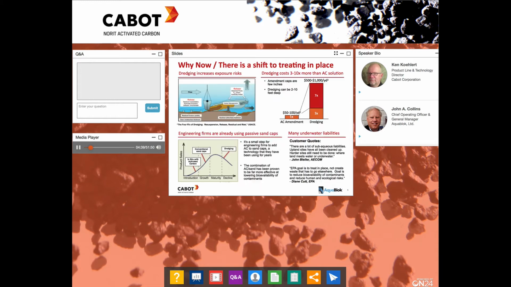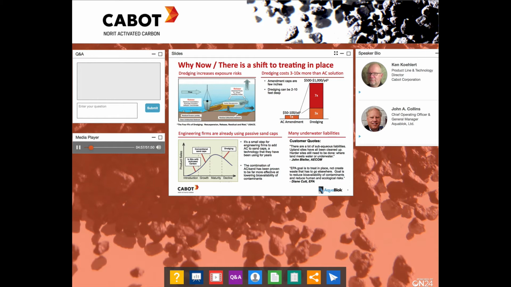A number of industry trends are influencing the shift to in-situ treatment over conventional remedies. Cost is important, but beyond cost, it is being recognized that dredging and essentially relocating the contamination is not a sustainable approach.